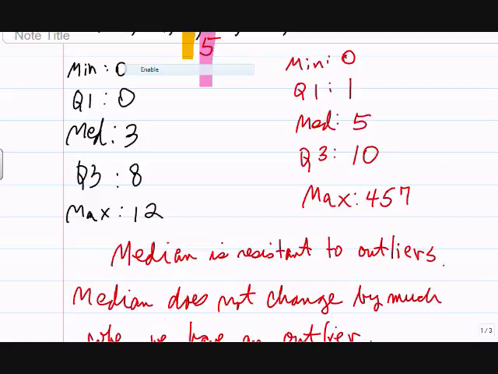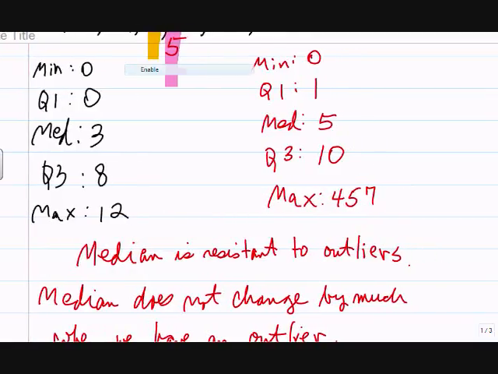Let's look at the red set of data. Is 457 an outlier? Yeah, obviously it is. But let me build my fences here.